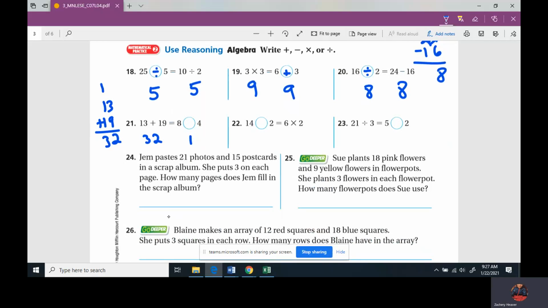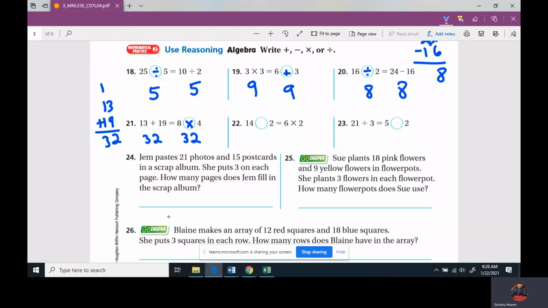What's 8 minus 4, Peyton? Are they equal? Okay. What's 8 times 4? Use your chart. 32. Are they equal? So it is times.